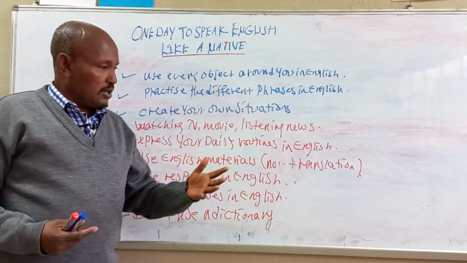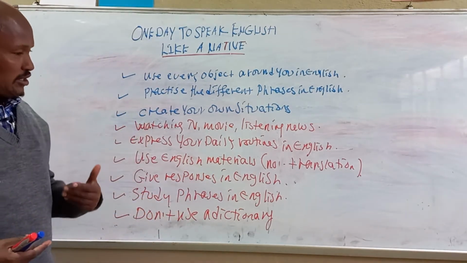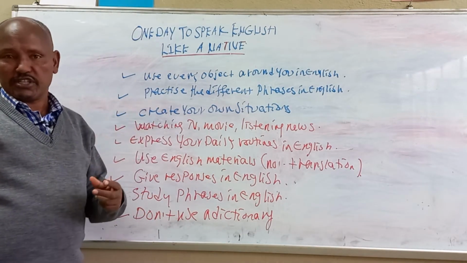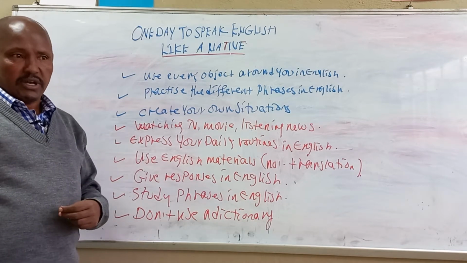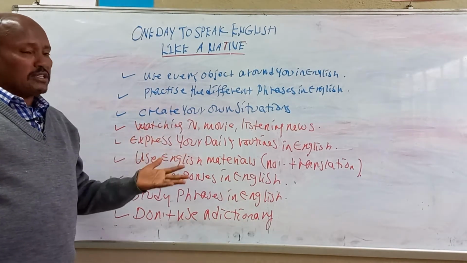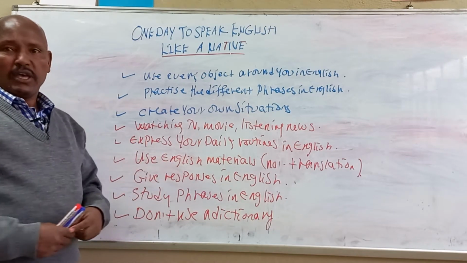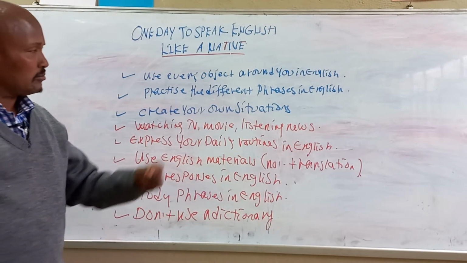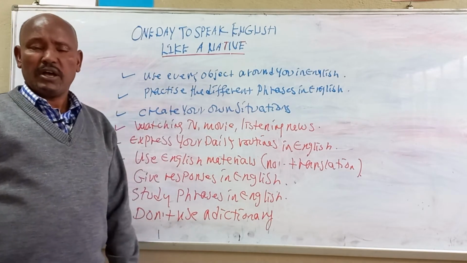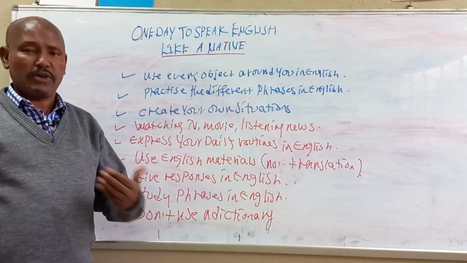If I'm a teacher working in colleges, universities or high schools, I can describe the objects that I use in my classroom, my teaching room, my laboratory room in English. So I can develop and improve my speaking.